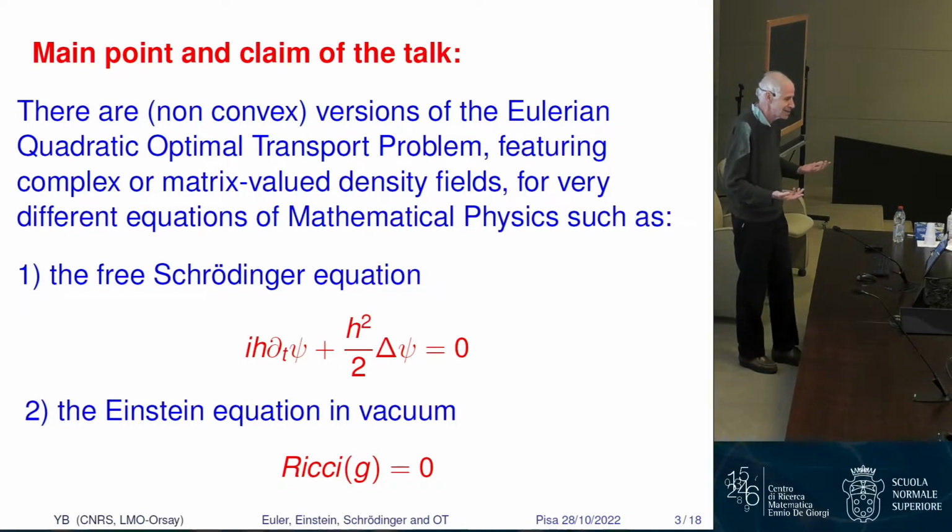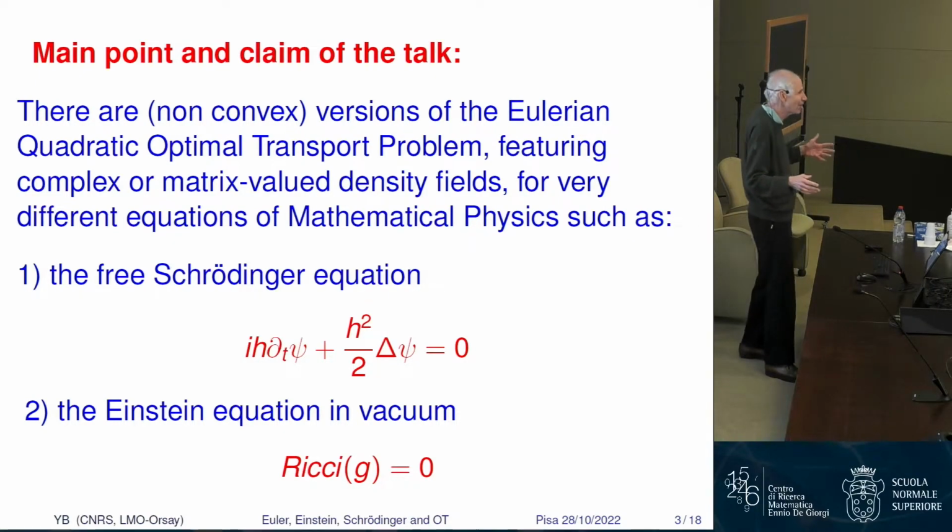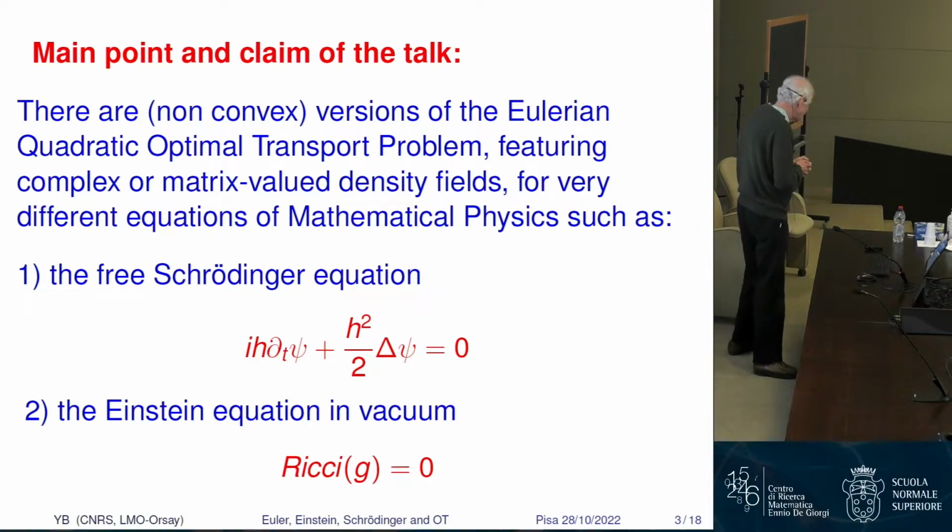So I try to put in the same framework equations of mathematical physics which are poorly related, because Euler is super classical, Galilean invariant. Schroedinger is quantum, not compatible with relativity. And of course, Einstein is fully relativistic, as we know. So how can they be put in the same framework?